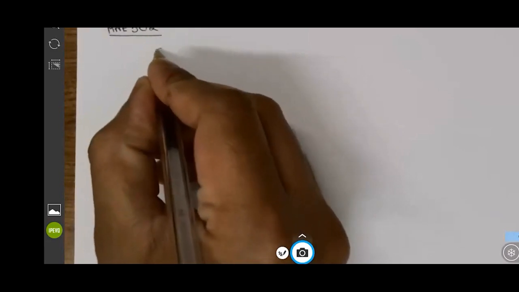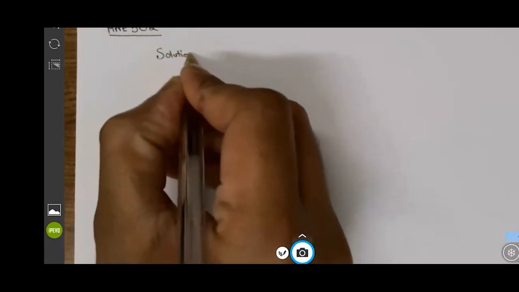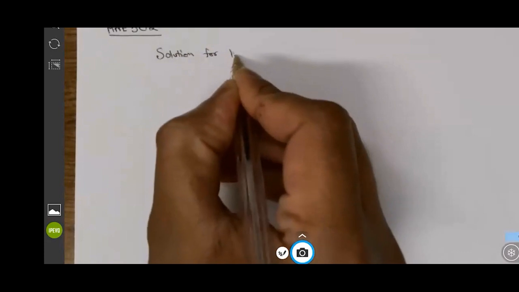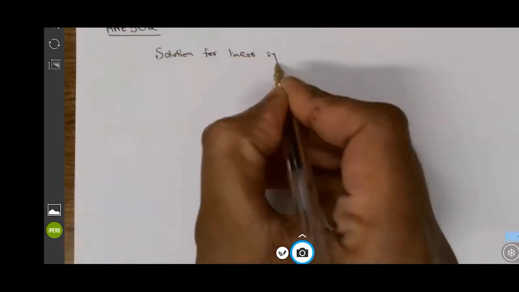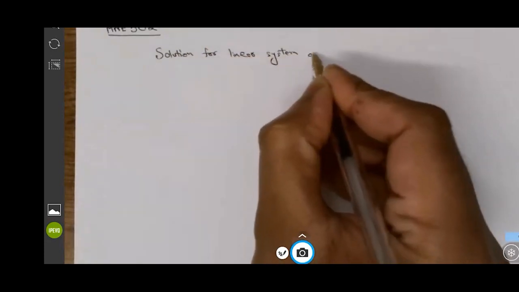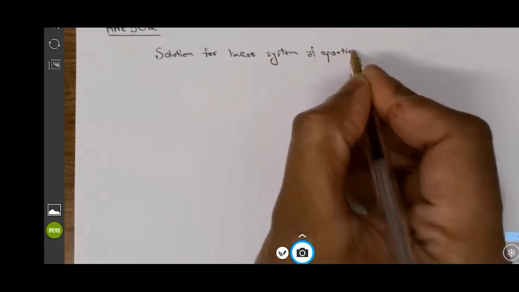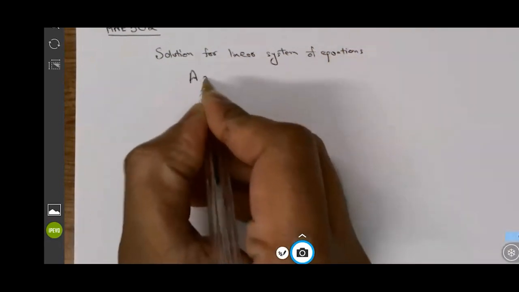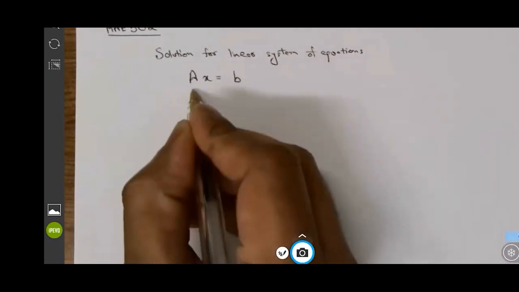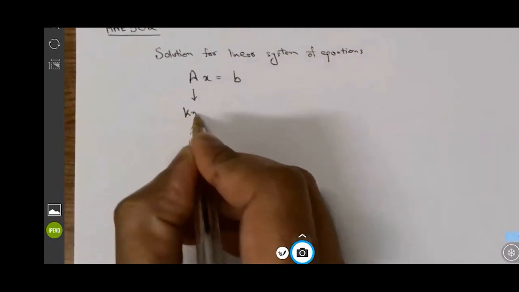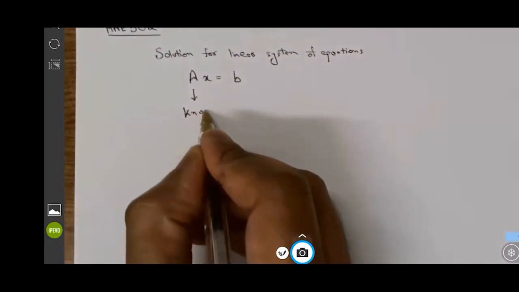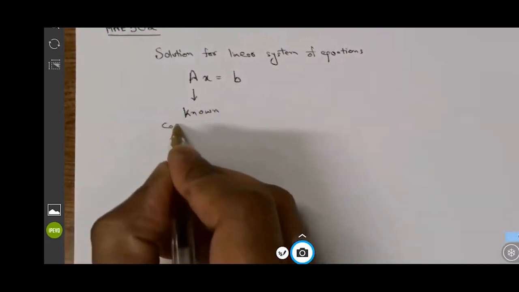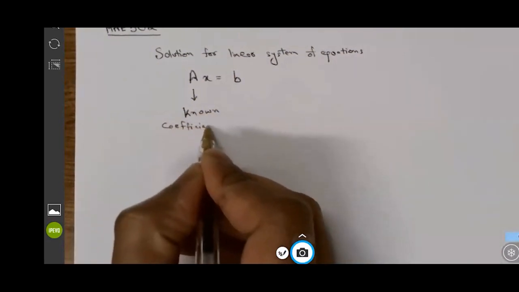System of equations, solutions for linear system of equations, where we are solving AX equals B. A is basically the known matrix, the known coefficients matrix.